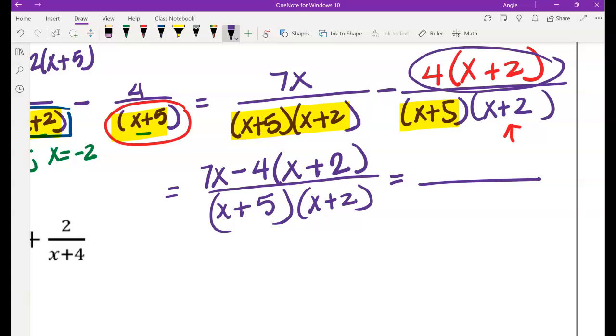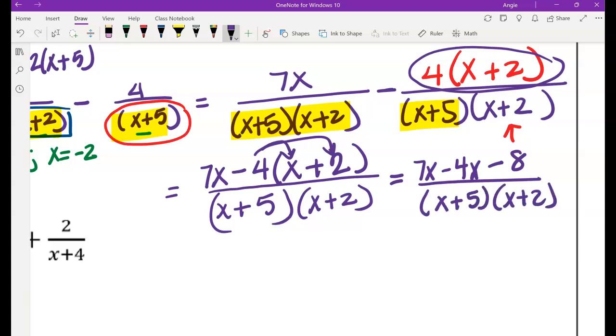So with distribution, negative 4 times x is negative 4x. Negative 4 times positive 2 is negative 8, and then drop down our x plus 5 and x plus 2. All right, combining like terms, 7x minus 4x is 3x, and then drop down your negative 8, and then drop down your x plus 5 and x plus 2.